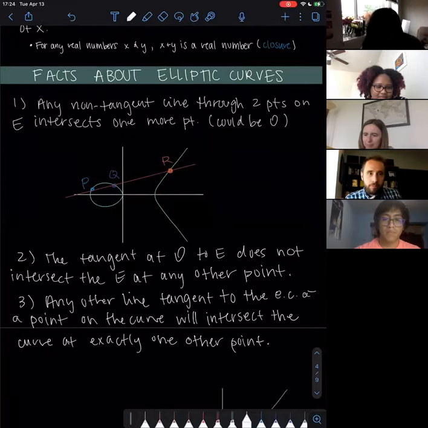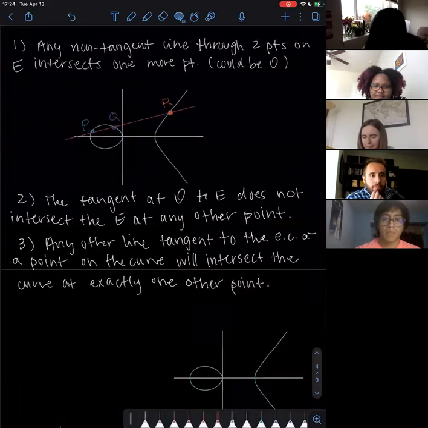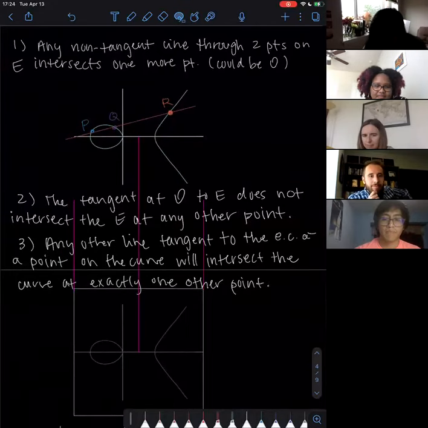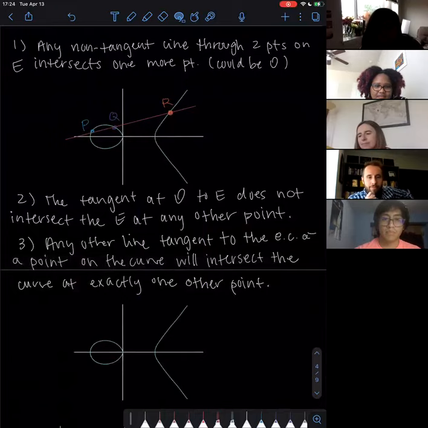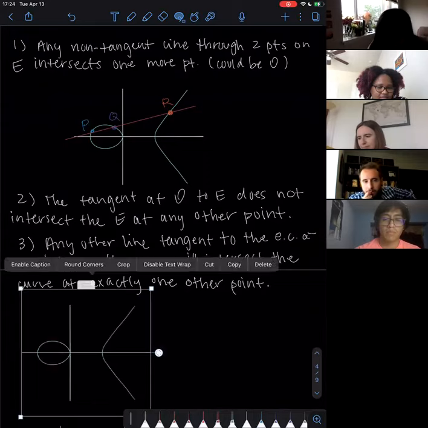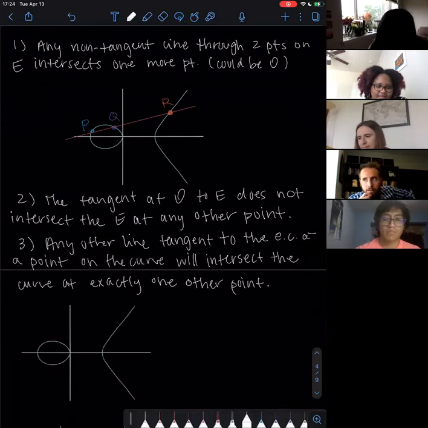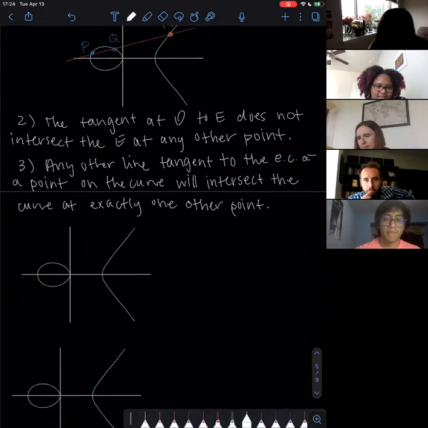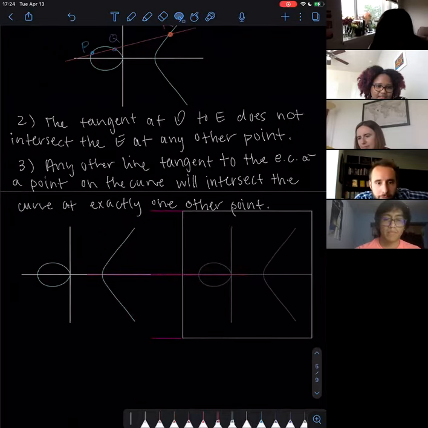Okay, so here, let's look at this. And so we have some various ways we could have tangent lines. So this, let me get this one over here.